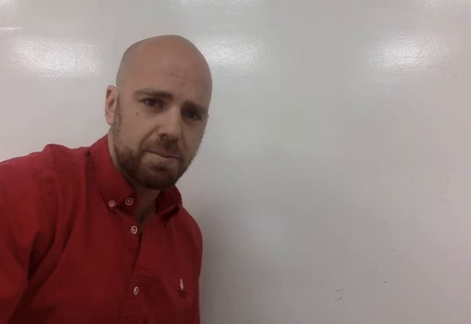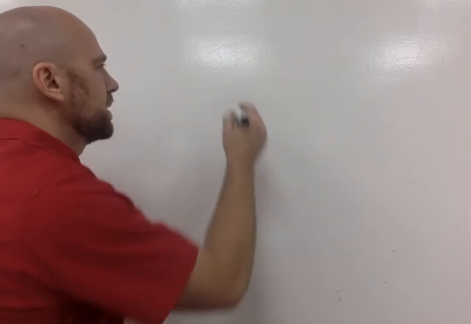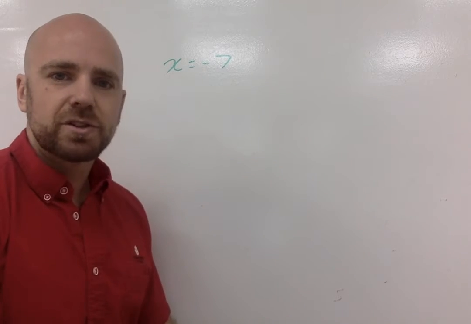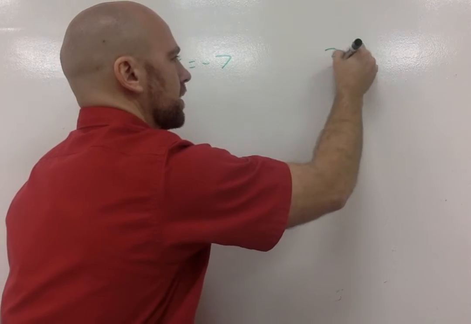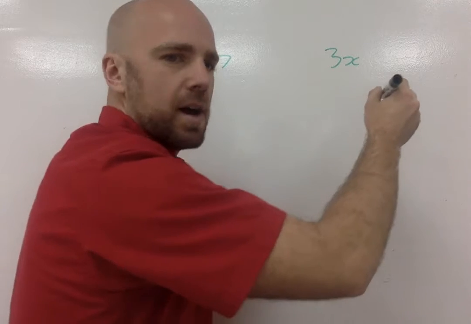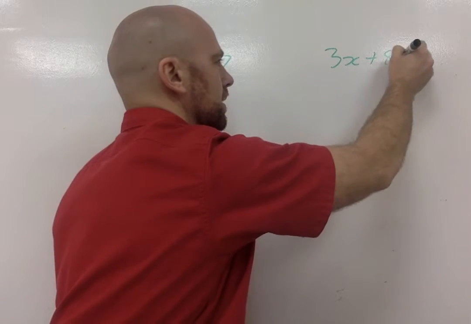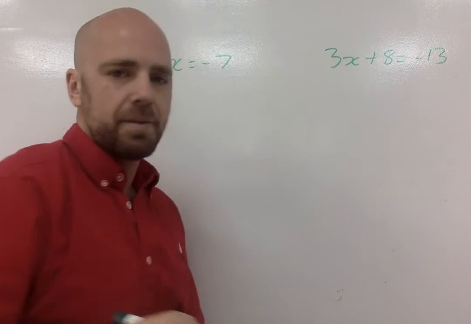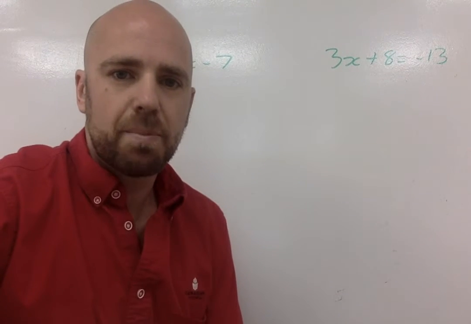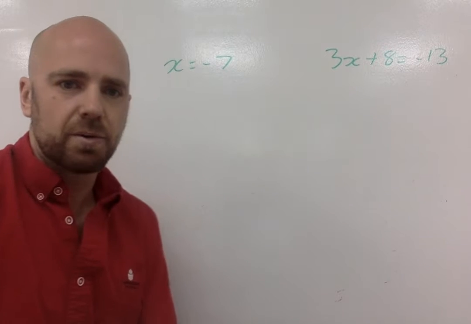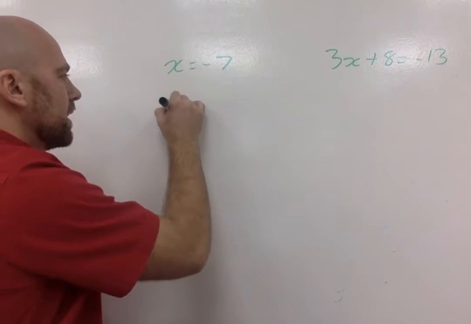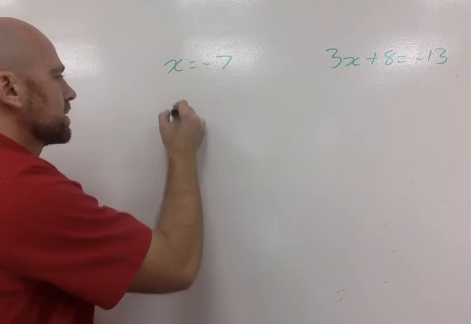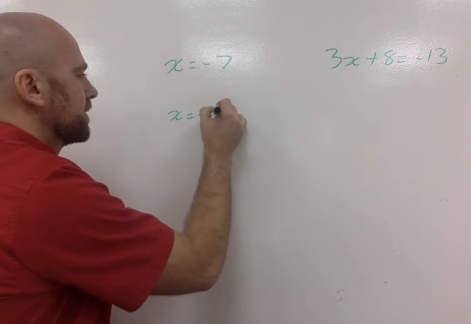So here's an example. Basically, we're going to start with x equals negative 7, and we eventually want to get to 3x plus 8 equals negative 13. There's a couple things that we can start with. We're going to start with x equals negative 7.